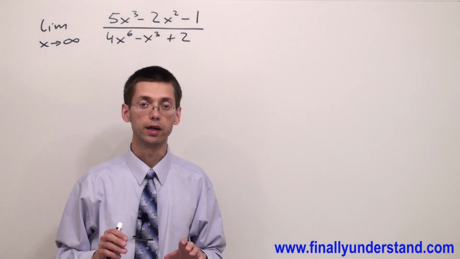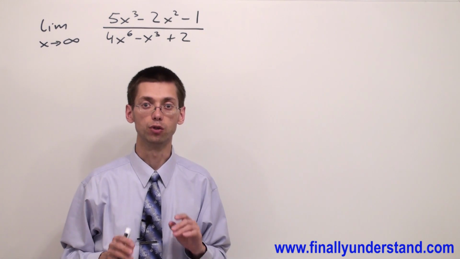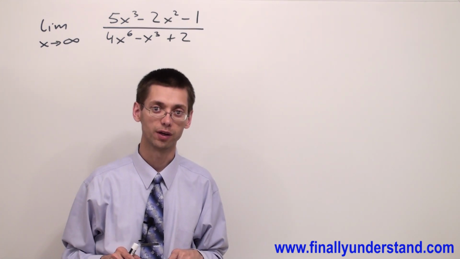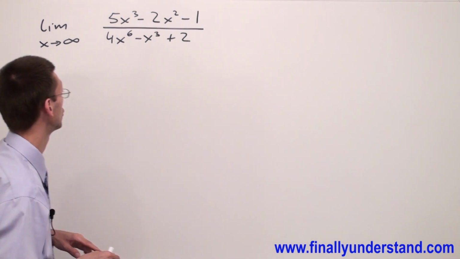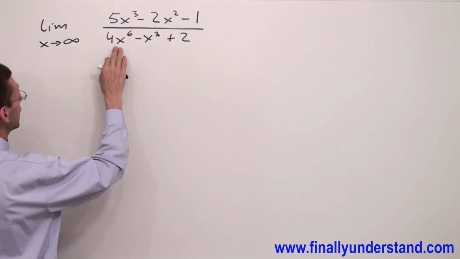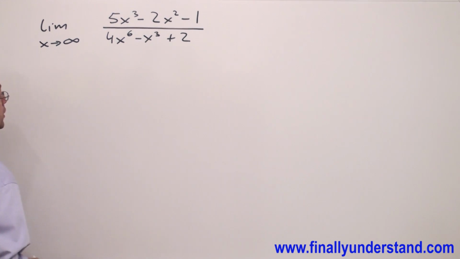Again, we have limit which goes to infinity. In the numerator, we have a polynomial, and in the denominator, we also have a polynomial. We're supposed to always look at the variables in the denominator first. Always look at the variable with the highest exponent.